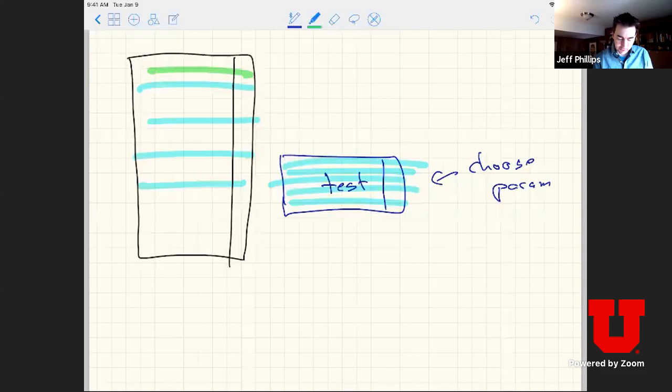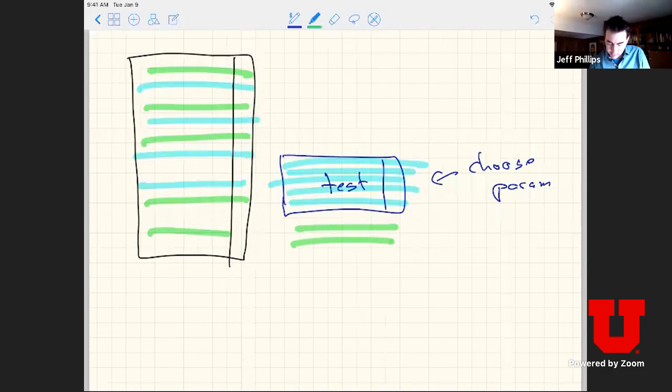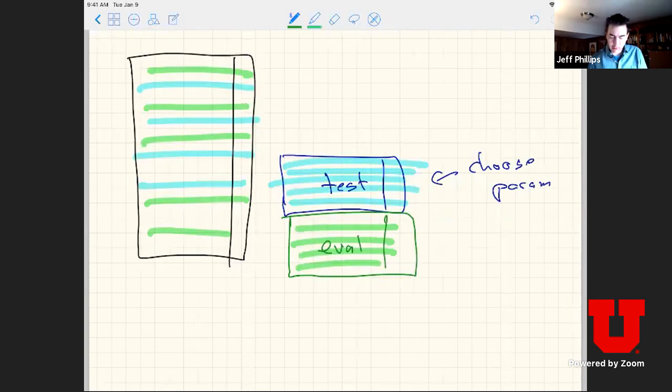I'm going to select a different subset of the data. Typically, you do this without replacement. I'm going to put these down here, and I'm going to use this data to evaluate generalization.